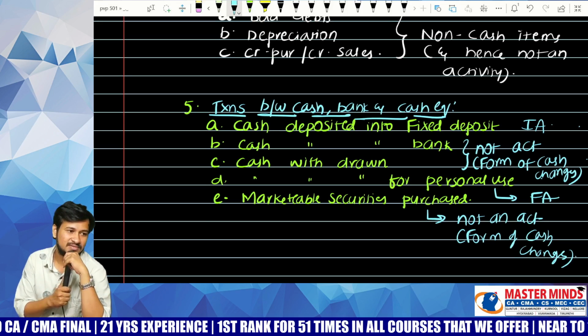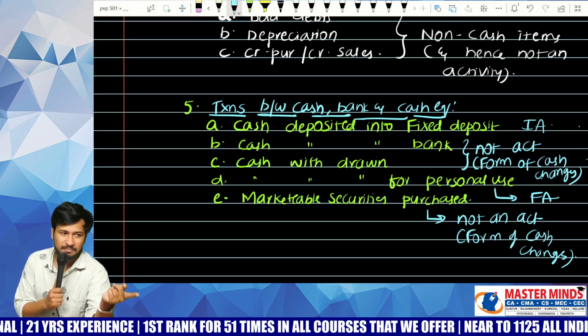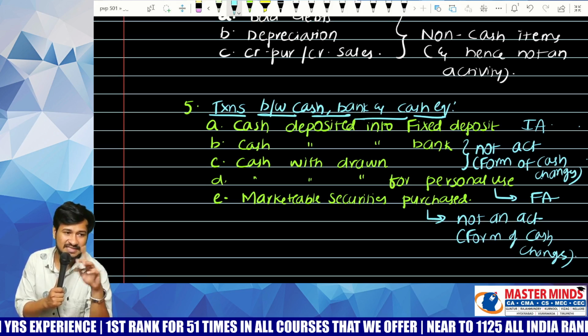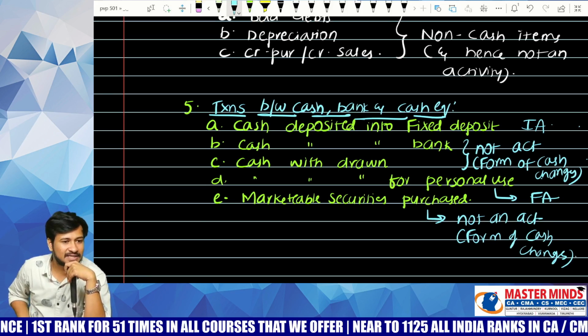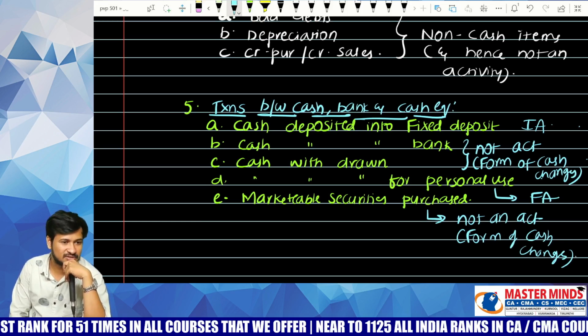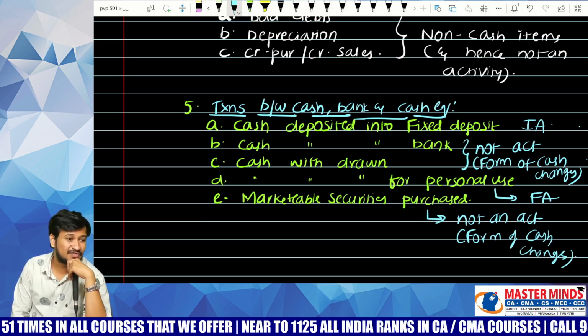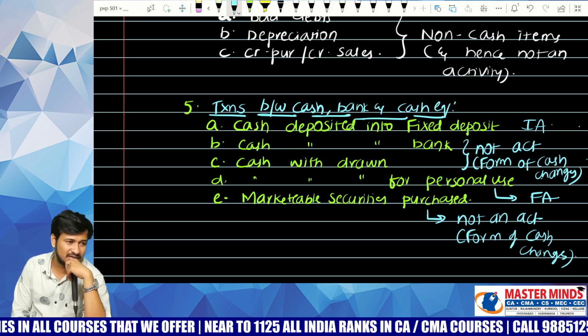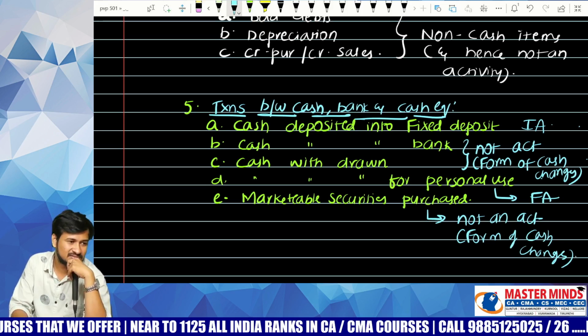There you have written in your notebook that marketable securities ought to be treated as cash equivalents only. Likewise, if you have purchased money market securities, it's not an investing activity. If you are purchasing certificates of deposit, it's not an investing activity because it is also another form of cash.